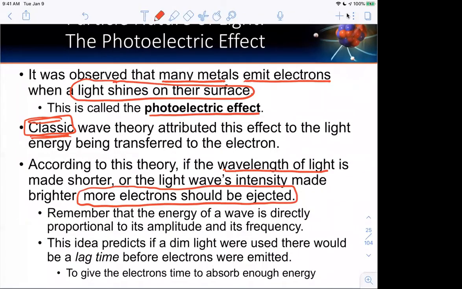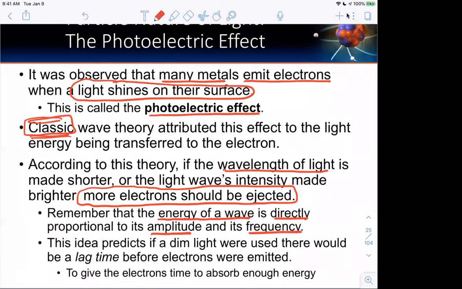Or if the light wave is more intense, that's going to be brighter. More electrons should be ejected. Remember, this is because the energy of the wave is directly proportional to the amplitude and the frequency.